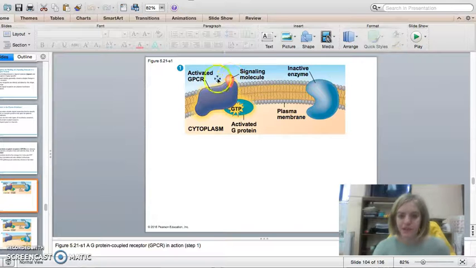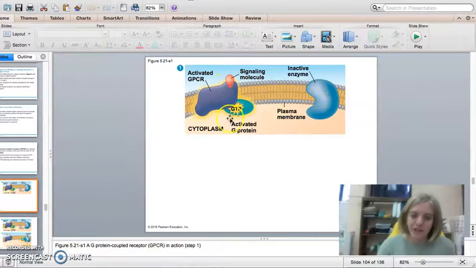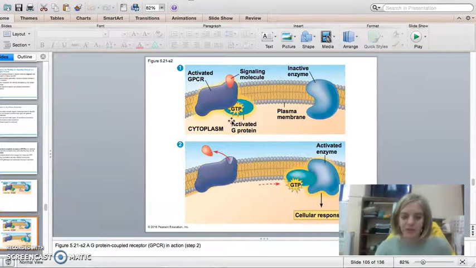It receives the signal from the signaling molecule. That ligand binding causes the G protein to be activated, which will then bind to GTP. And then typically what will happen is, now that this G protein is activated, it can go and activate this enzyme and then produce some response in the cells.